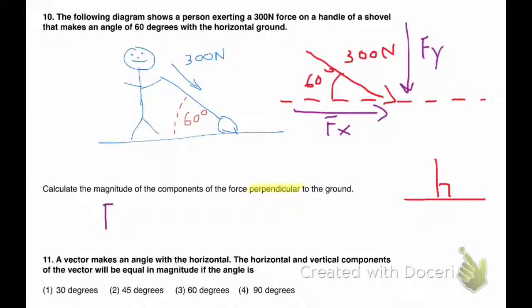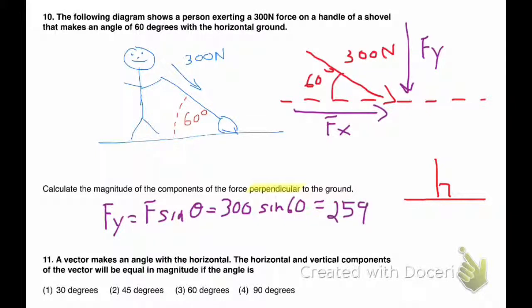So we know that f of y equals F, which is our main force, in this case 300 newtons, times sine theta, which is 60 degrees. So substituting the information we know, 300 sine 60 equals 259.8 newtons.